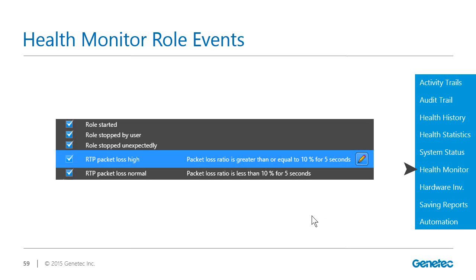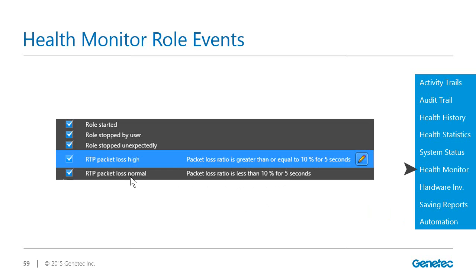Instead, we have a parameter set up where the RTP packet loss must be 10% or higher for at least 5 seconds. And that needs to hit that before it'll actually trigger that RTP packet loss high event. Now it also must drop below this value for 5 seconds before we assume that everything is fine and fire the RTP packet loss normal event.